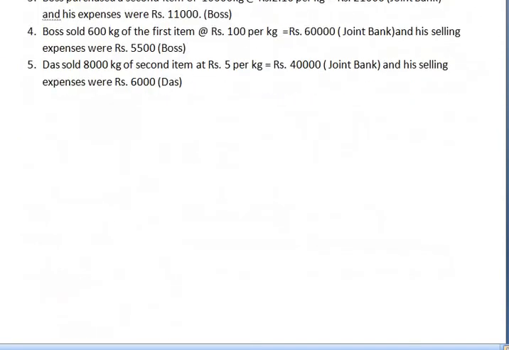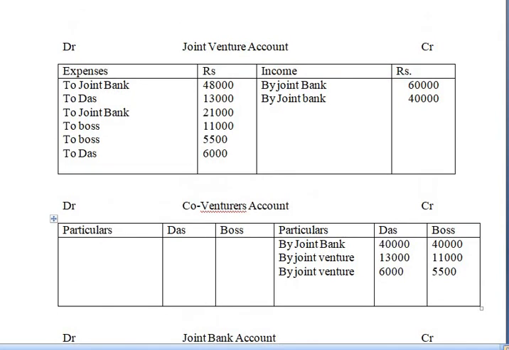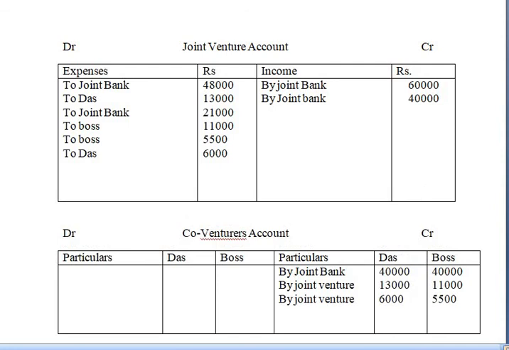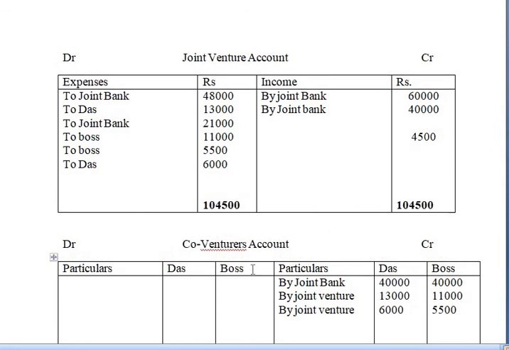Now you treated all the transactions. Now make balance of ledger account one by one. First make balance of joint venture account. So joint venture account is balanced for 1,04,500 both the side, and here credit side is shortage of rupees 4,500. So this will be treated as loss on joint venture account.